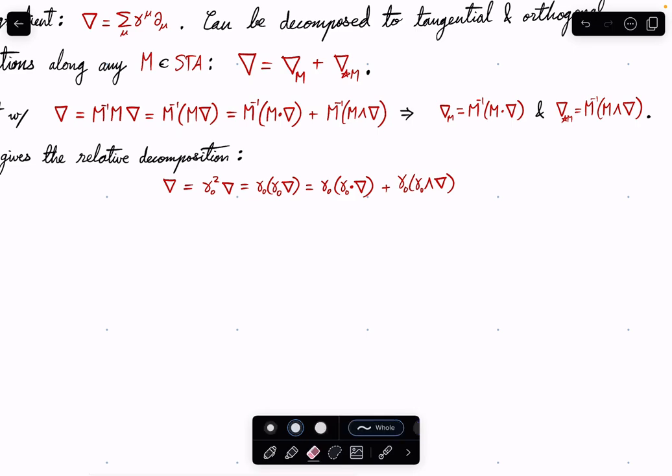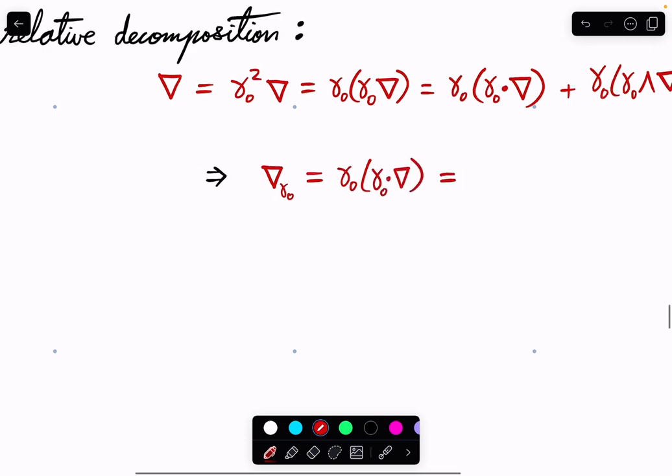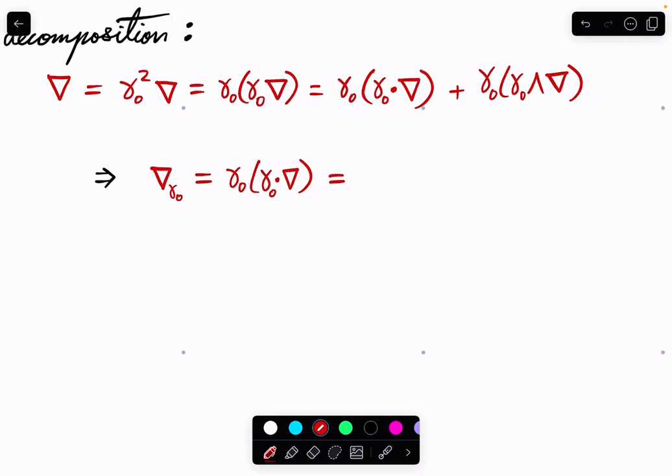Well, this actually implies that the projection or the tangential derivative, so what's changing in time, is gamma naught gamma naught dot del, which just ends up being equal to gamma naught partial t. And this would just be the time component if you were dealing with paravectors.